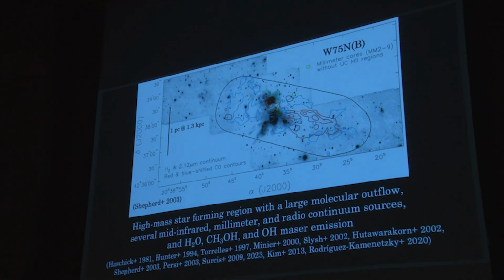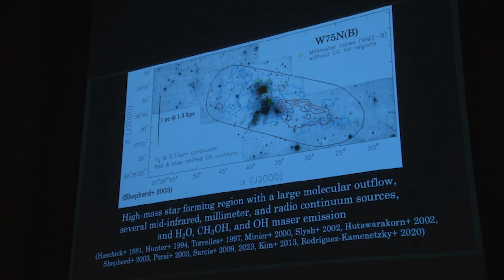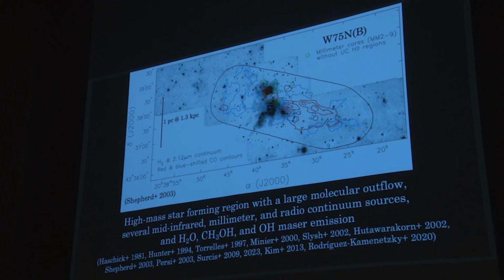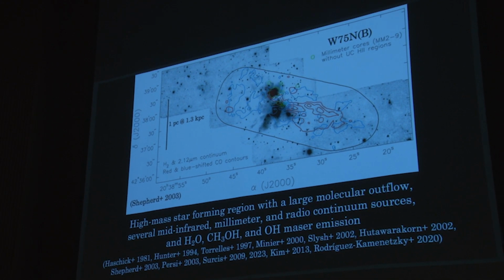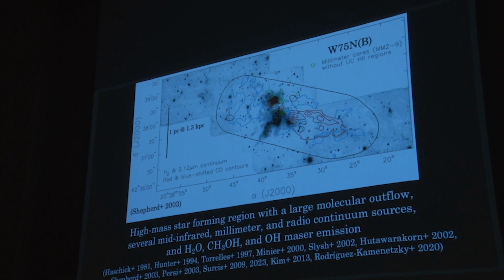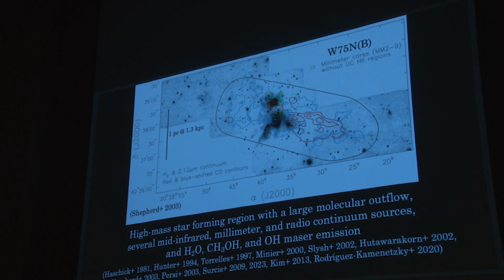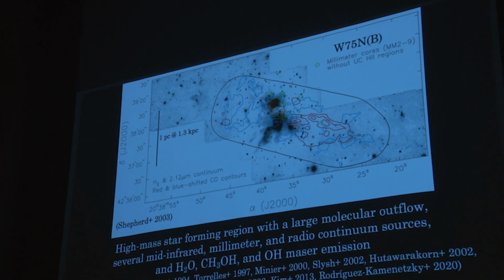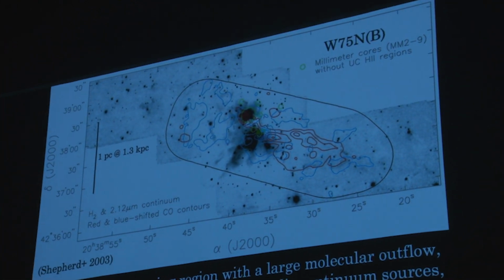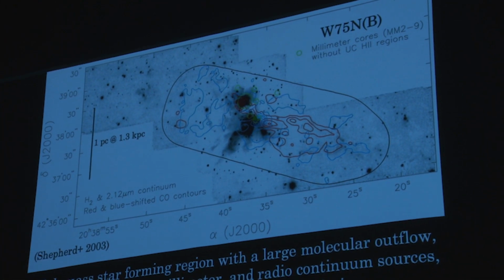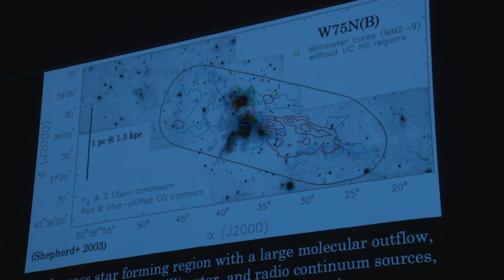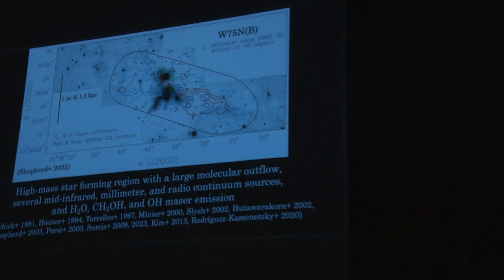We didn't pay attention to that. You see this, there's a redshifted lobe to the bottom right. Yes. We have analyzed this kind of thing. That's SiO 2-to-1, I believe, or 1-to-0, that Deborah Shepherd published.